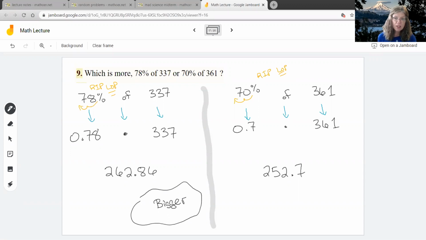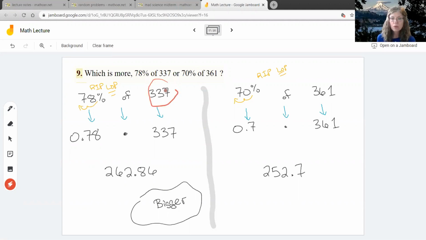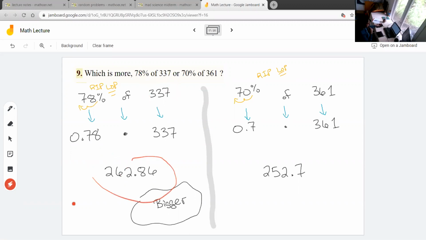Meaning that the 78% discount is bringing the value down to 262. You could phrase it that way, yes. I'm not sure what the story problem is. I don't know if it's a discount or not, but yes, you can think of it as a discount. Okay. The old price was this, the new price is this.